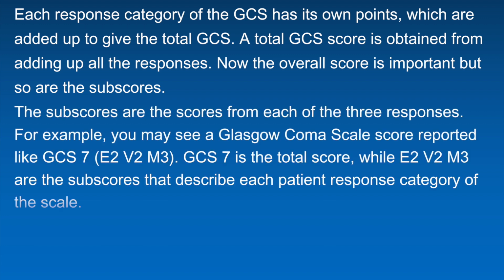The subscores are the scores from each of the 3 responses. For example, you may see a Glasgow Coma Scale score reported like GCS 7 (E2, V2, M3). GCS 7 is the total score, while E2, V2, M3 are the subscores that describe each response category of the scale.